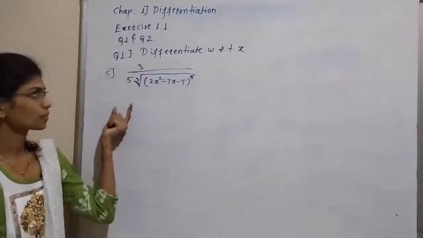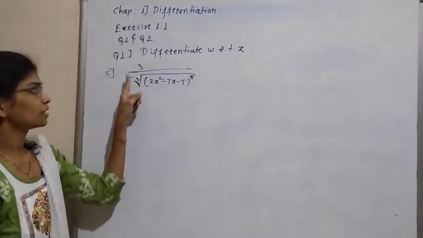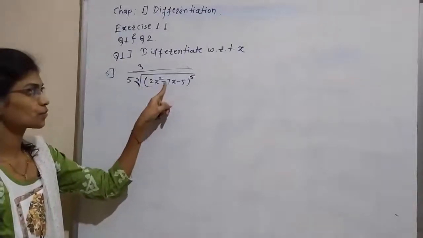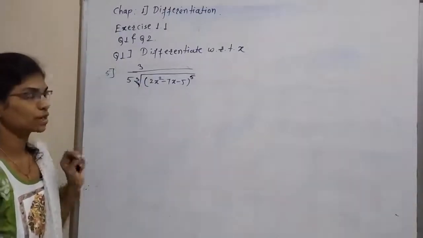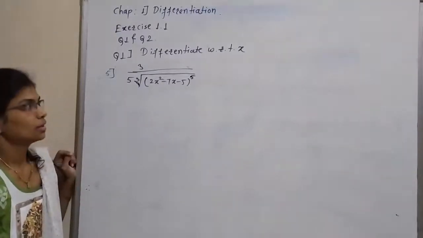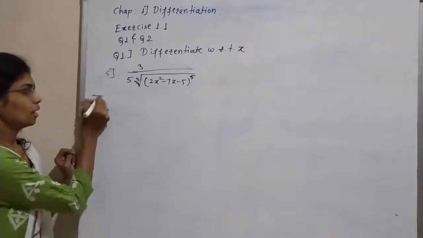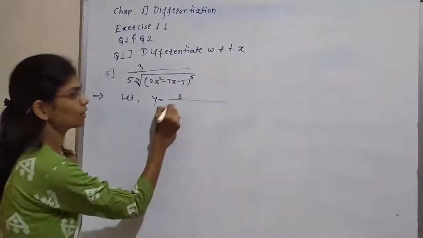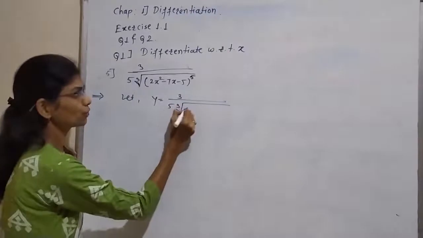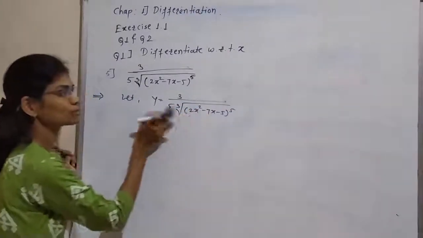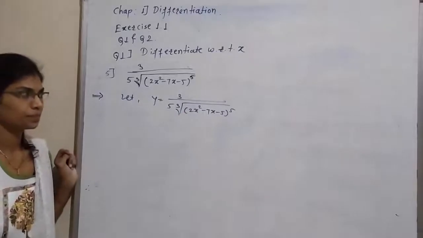Next question is 3 by 5 into the cube root of 2x square minus 7x minus 5, raised to 5. Here let the function y be equal to 3 divided by 5 into the cube root of 2x square minus 7x minus 5 raised to 5, the whole function being y.